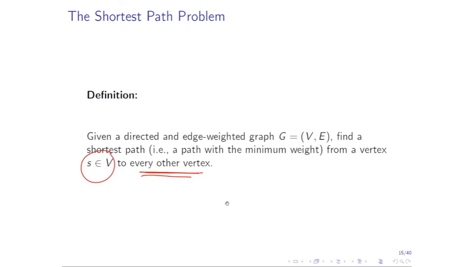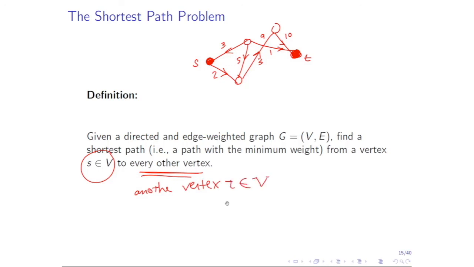So it is more natural to ask, if I give you a directed graph where we know the length of the edges, what is the shortest path from a vertex S, for example, to another vertex T. But as I said, it's a consequence of the algorithm that when we run it on this graph, it will give us the shortest path from vertex S to every other vertex.